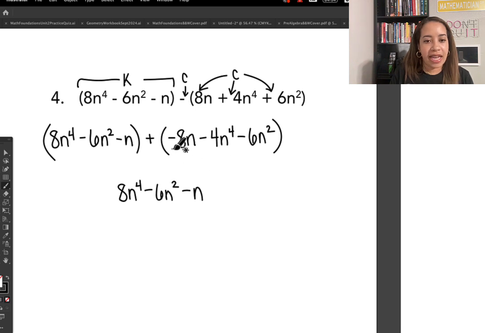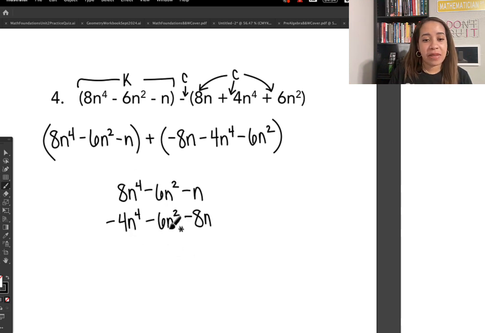I notice that my negative 8n matches with my negative n. Those both have the same variable. My negative 4n to the 4th power matches with my 8n to the 4th power. And my negative 6n squared matches with my other negative 6n squared.